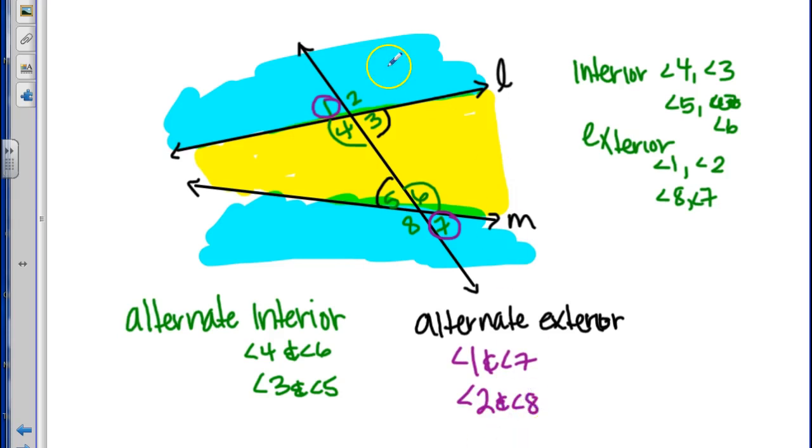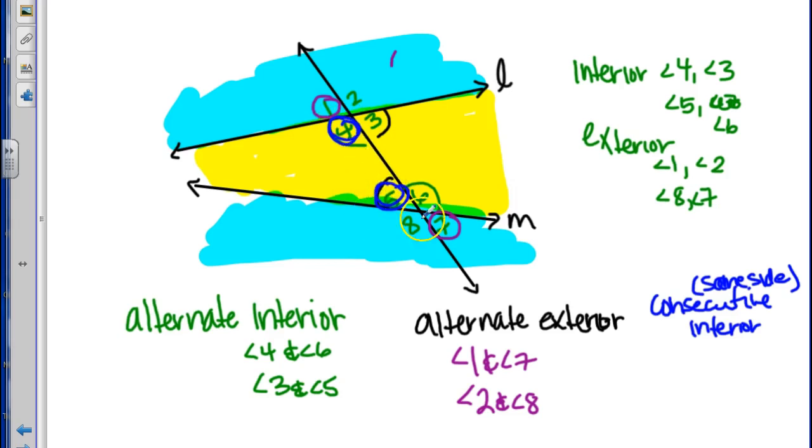All right. Consecutive or same side interior angles. Same side of the transversal, so consecutive interior, and I like to call it same side. That helps me know I'm on the same side of the transversal. So same side interior. I'm in the yellow on the inside.